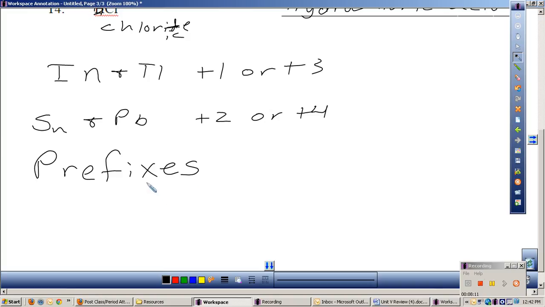Alright, prefixes, naming acids, and then when to distinguish between an acid, a molecular compound, and an ionic compound. So that's pretty much it. I mean, pretty much everything we've been doing over the past week and a half of just naming stuff, that's all you're doing for this test.